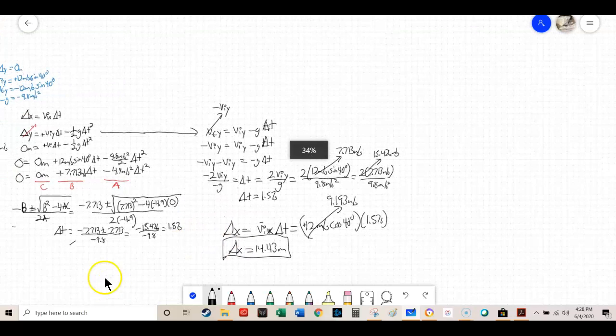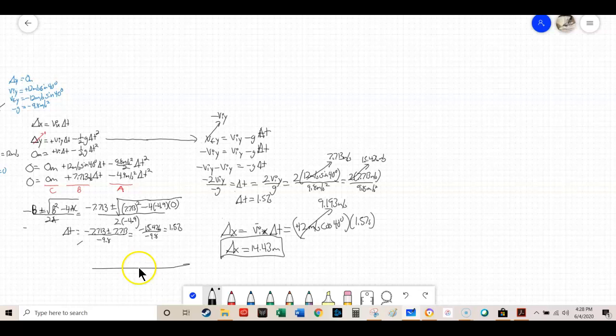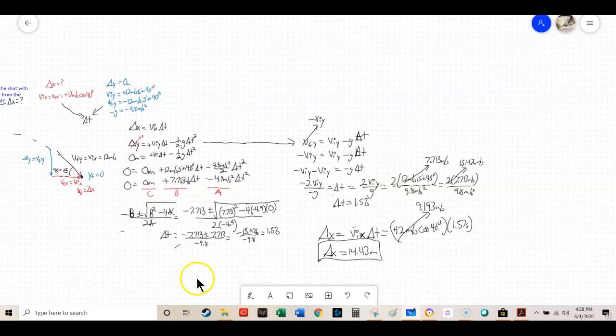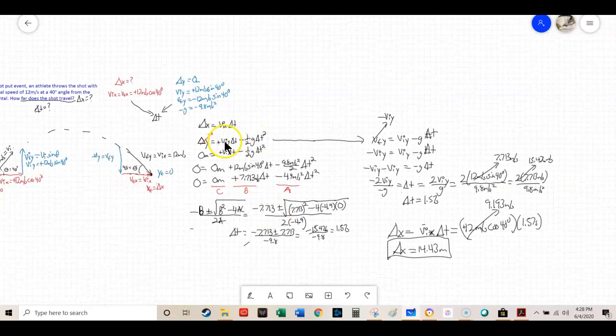I just want to point out, it would have been a much easier problem if I had just done only one of these routes, right? I could have just done this one and solved it to here, but I wanted you to see how to do it another way, where we do it a more intelligent way in this equation. You know, work smarter, not harder, for example. This is just the bullheaded way.